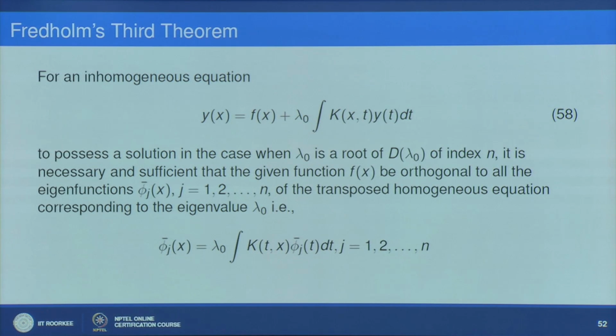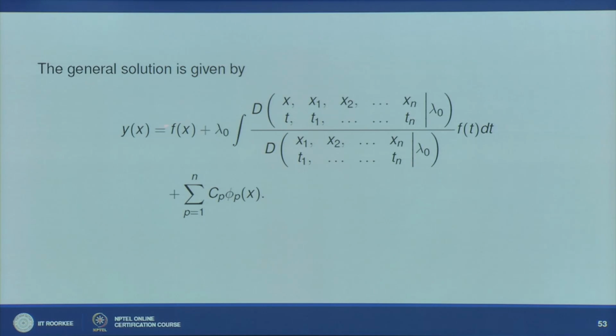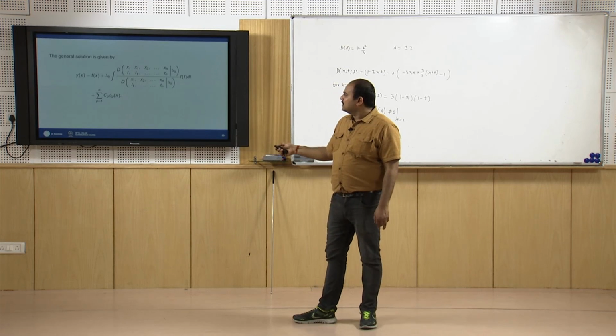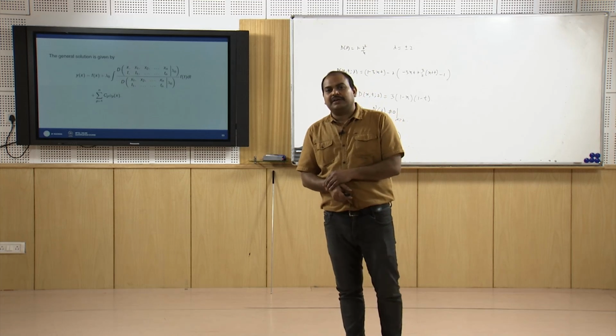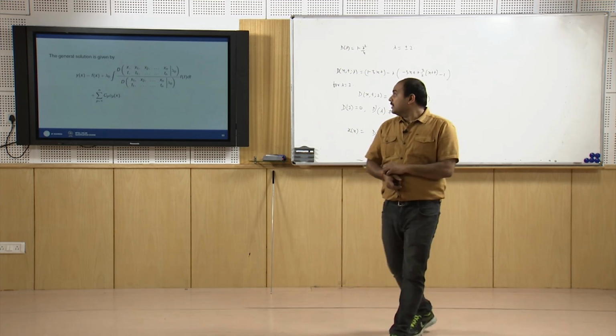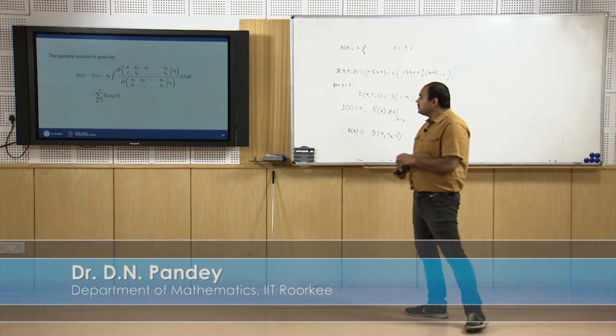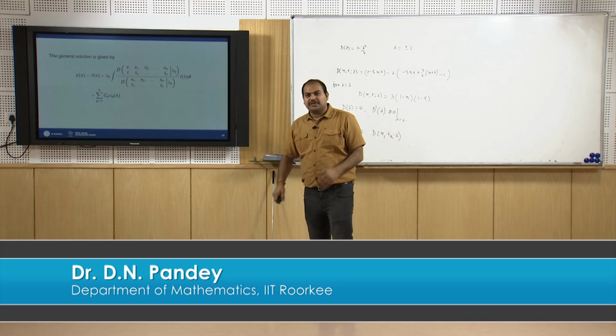So if f(x) satisfies this condition, that it is orthogonal to this, and phi j bar satisfies the associated transpose equation, then the solution is given by this. We can find this with the help of Fredholm's second theorem, which we discussed earlier. So this is a simple generalization of the Fredholm alternative theorem.